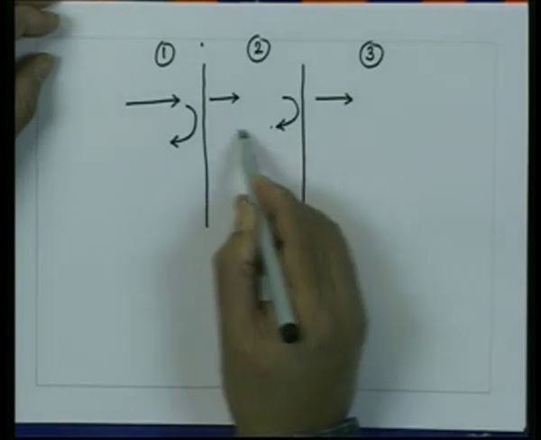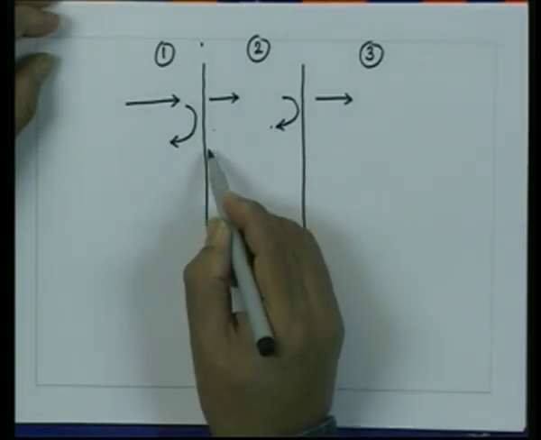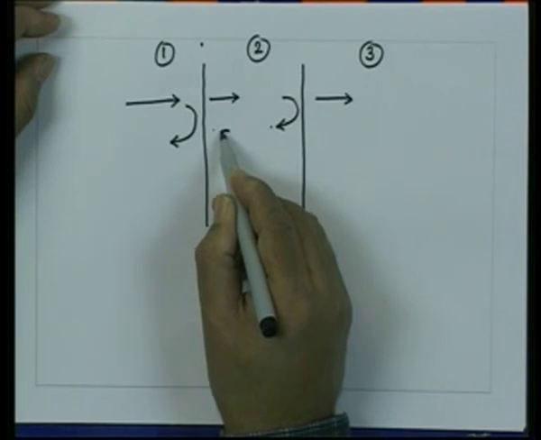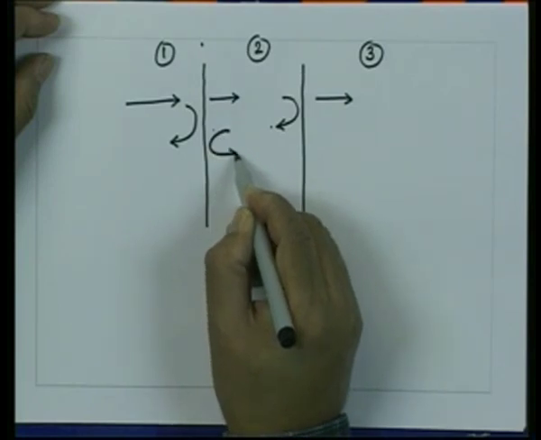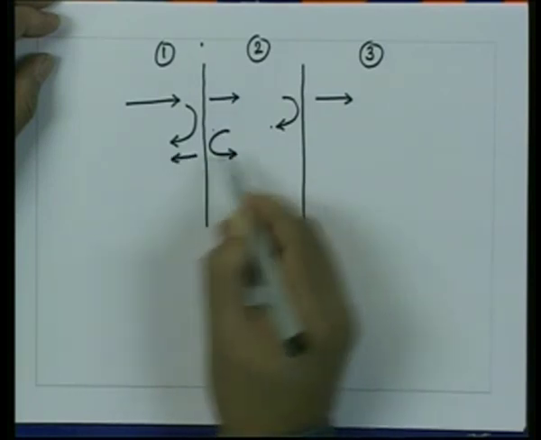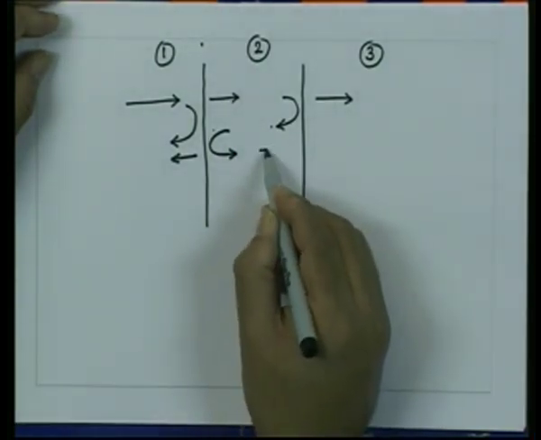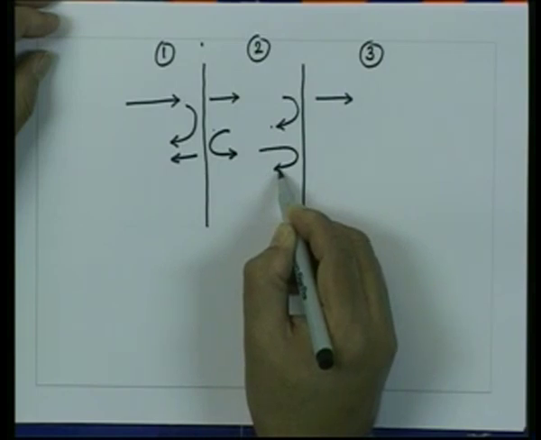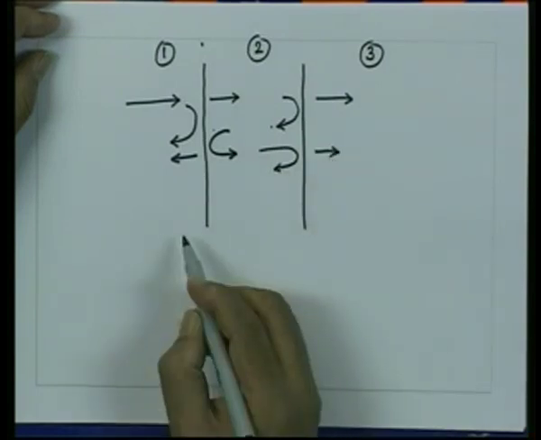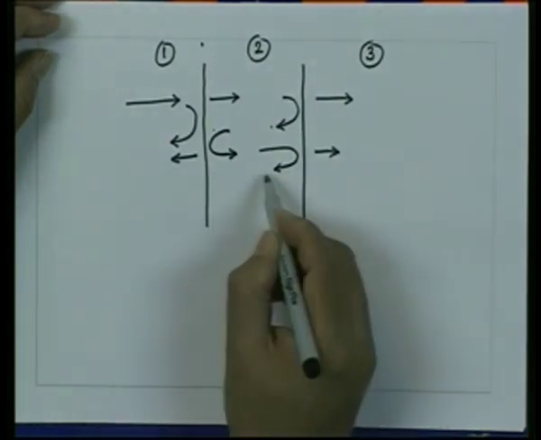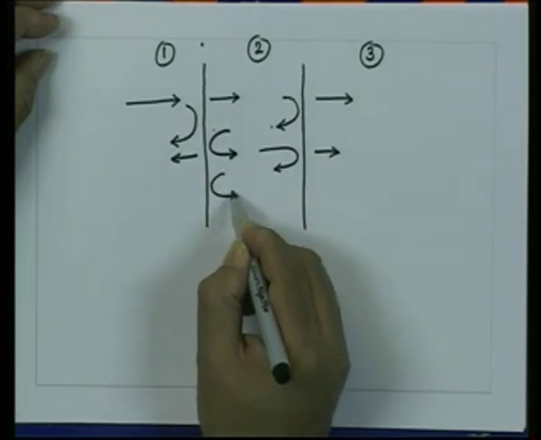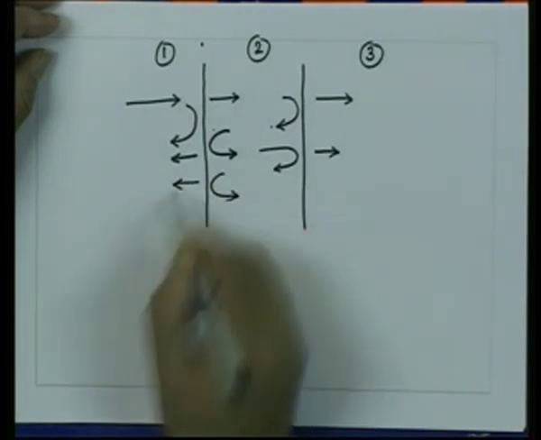This energy then travels up to this point, and since it again sees the medium discontinuity, part of the energy is transmitted and part is reflected. This energy again reaches this point, gets reflected, and part gets transmitted.